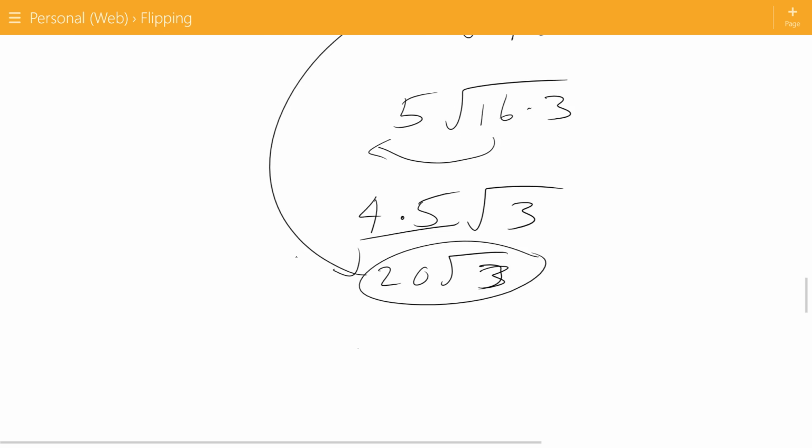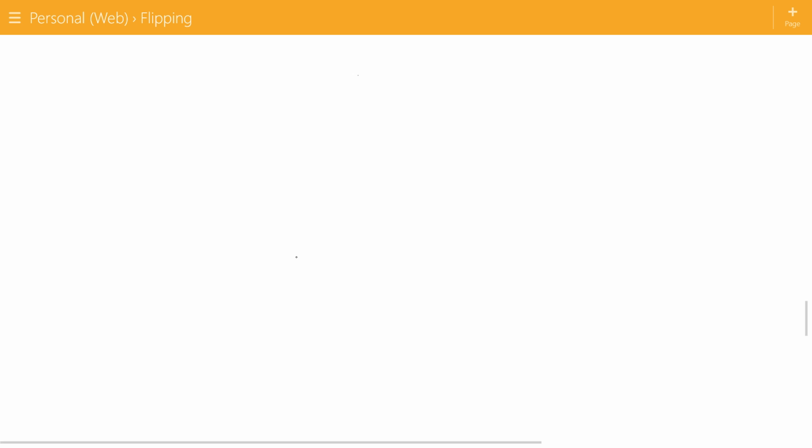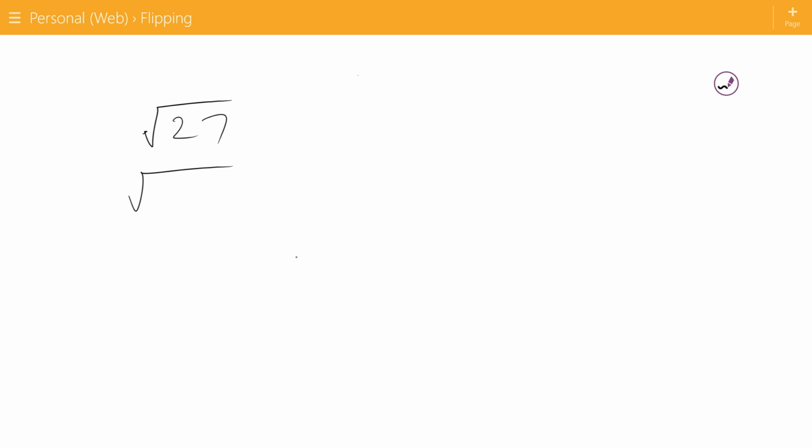Okay, we can try one more here just for an example. If I had, let's say, the square root of 27, I can rewrite that as the square root of 9 times 3, because 9 times 3 is 27. 9 is a square. Pull that out front. The square root of 9 is 3, so it's 3 times the square root of 3.